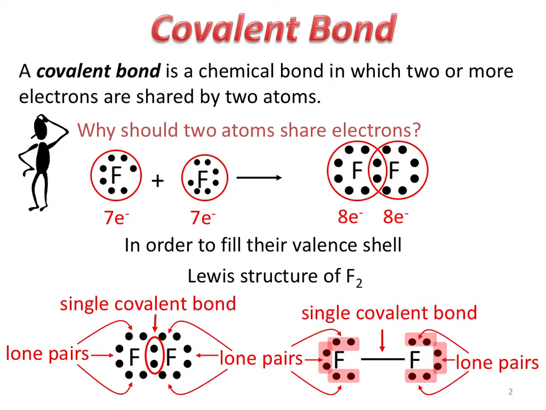Fluorine has 7 electrons around it, and you pair it up with another fluorine, and they can share a pair of electrons, and each of the fluorines appears as if it then has 8 electrons around it, with 2 being bonding electrons here in the middle, and the other 6 being lone pairs on the outside.